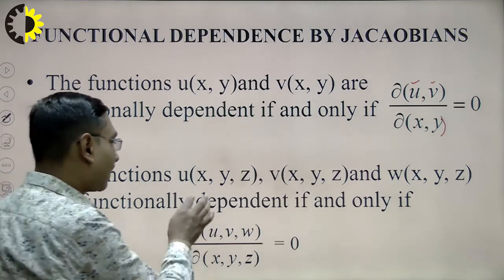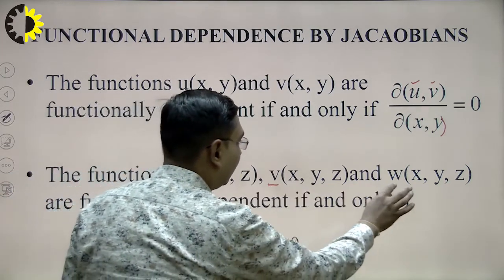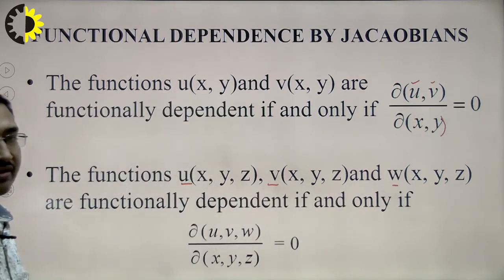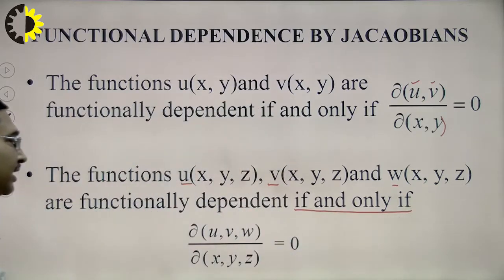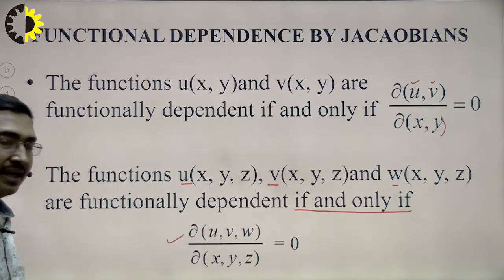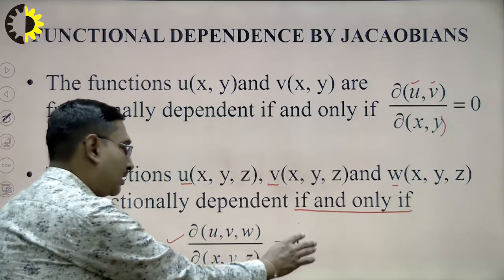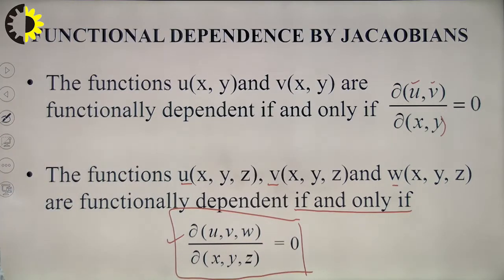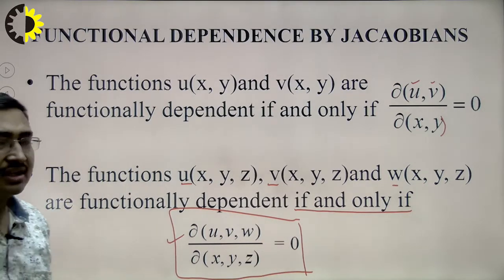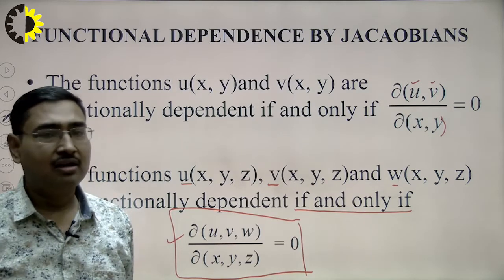Similarly, if u, v and w are three functions of three independent variables x, y and z, then u, v and w are functionally dependent if and only if del(u,v,w) over del(x,y,z) is 0. Thus, the Jacobian provides a criterion to check whether the functions are functionally dependent or not.